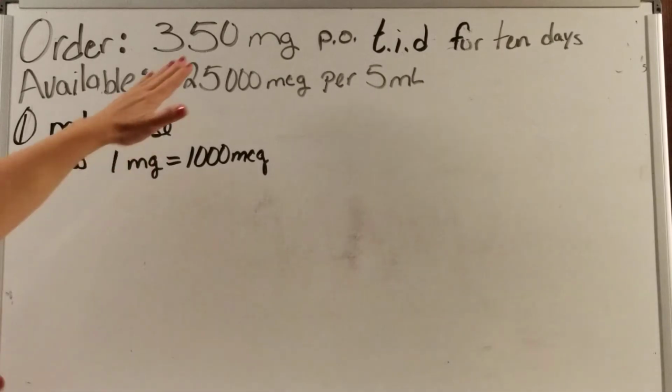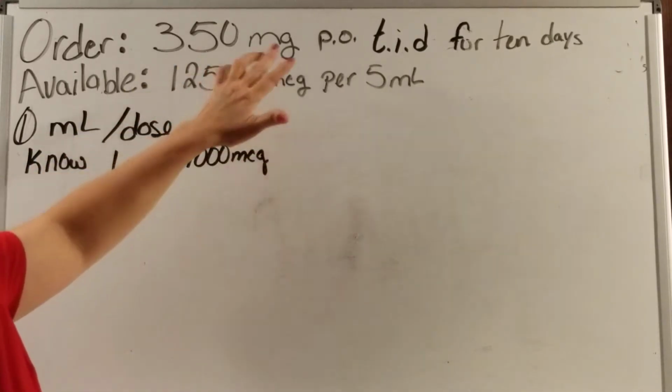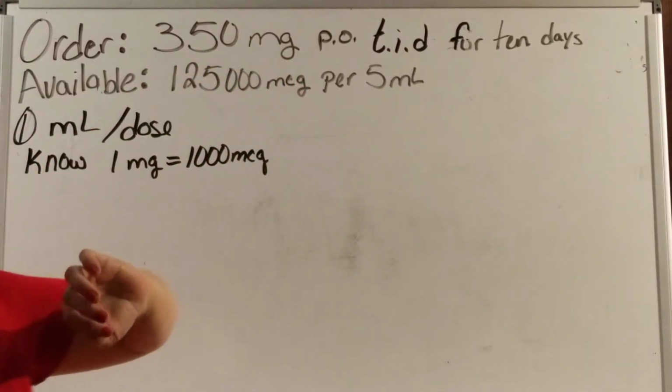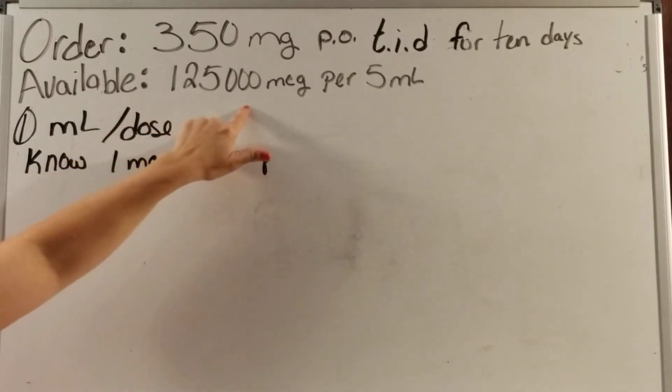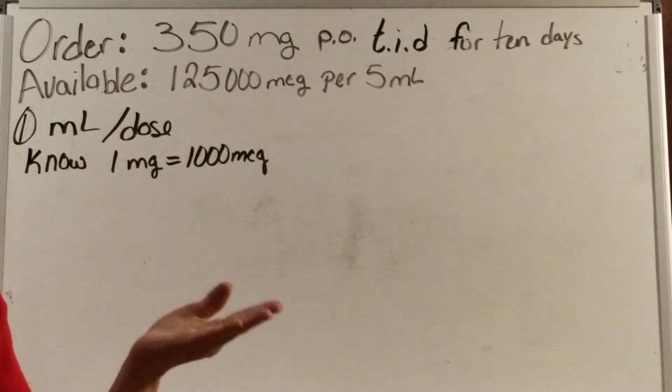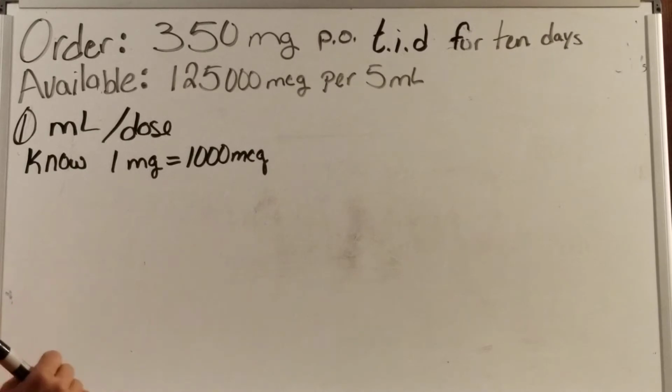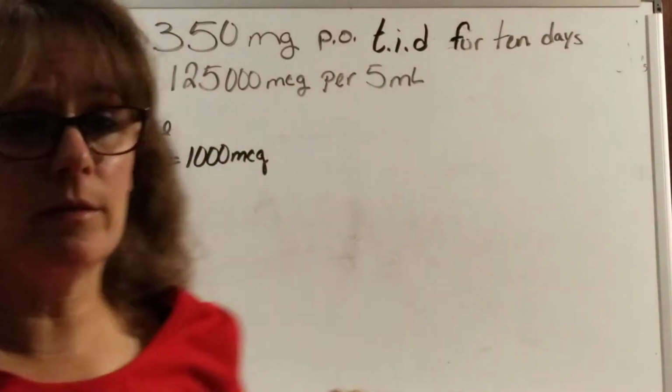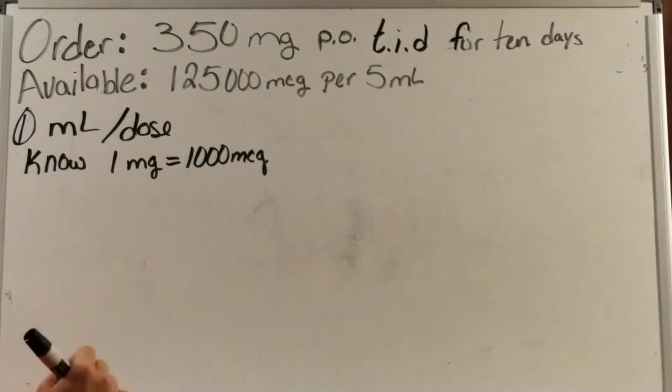So I can change this to milligrams or this to micrograms, whichever one you want to do. If I change this to milligrams, my numbers are smaller and easier to work with. Or I can do one long dimensional analysis. So let's do one long dimensional analysis.